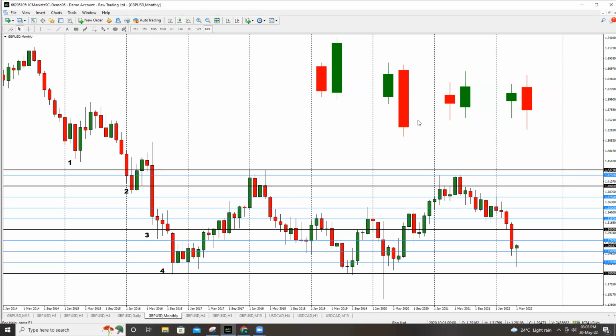If there's a stop hunt where a candlestick or a tail or a wick gets out of your refined block, don't revenge trade. Wait for the candlestick to actually close.